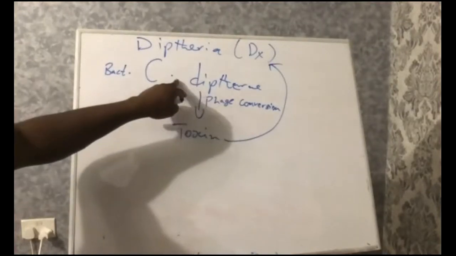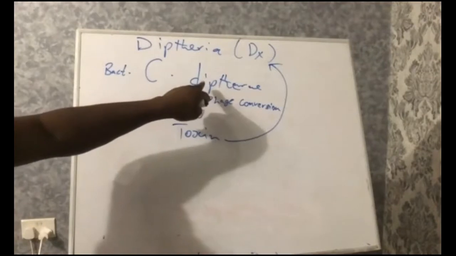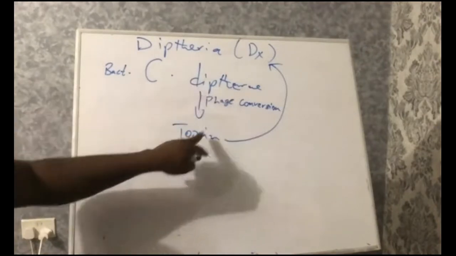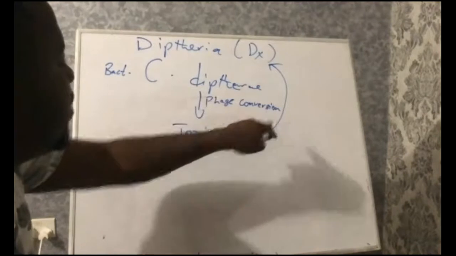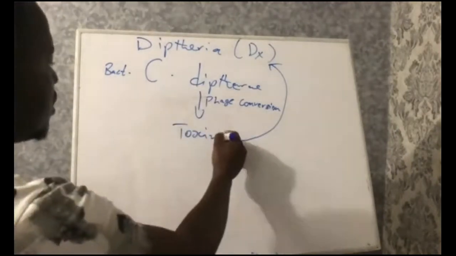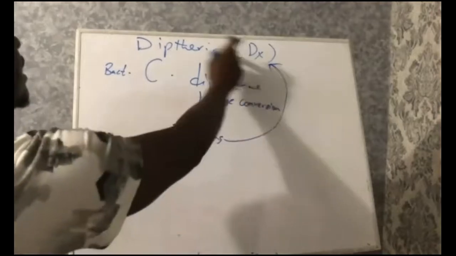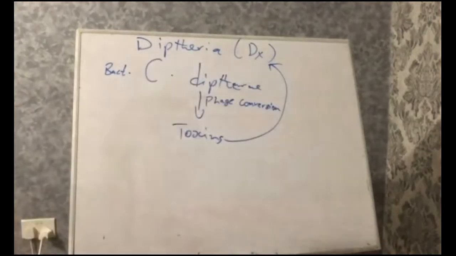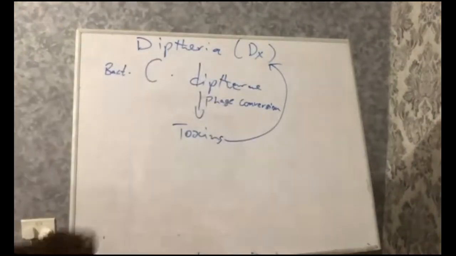And the bacteriophage altering the bacteria to produce toxin, the process is called phage conversion, okay? And once these toxins are produced, these toxins will cause the disease called what? Diphtheria.